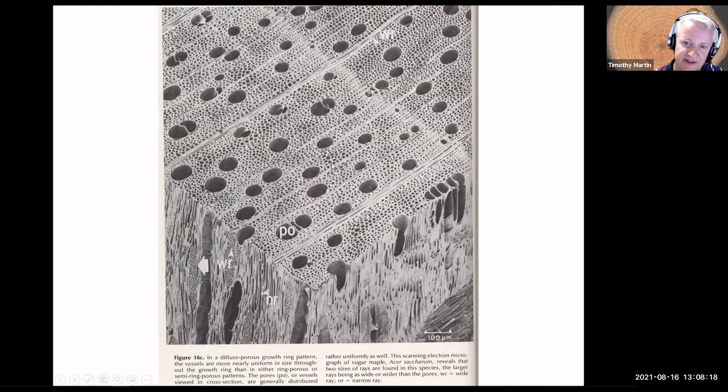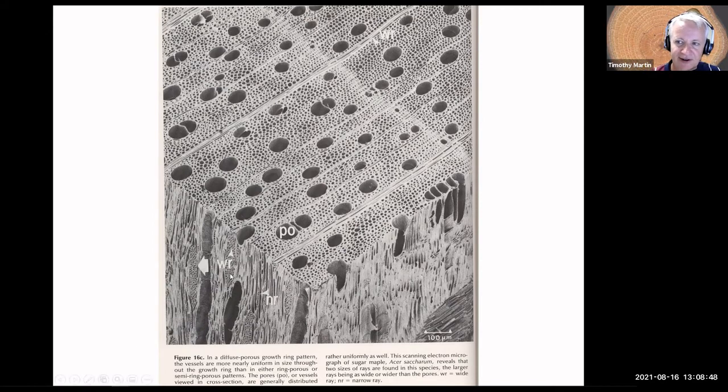This structure here is a file of ray cells in cross section. Here, in this cut, you can see the ray cell file from a different angle. I sometimes think of files of ray cells like my hand: if I were to plunge my hand radially into the outside of a tree stem, that would be what the file of ray cells looks like.